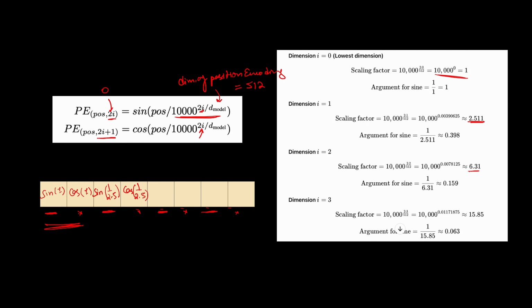And similarly, the third pair will have sine of 1 by 6.3, cos of 1 by 6.3, and so on. It's exactly how we had discussed. Every pair will have a reduced frequency, and this was the encoding for position 1. If we are encoding it for position 2, then we will replace this 1 by 2.